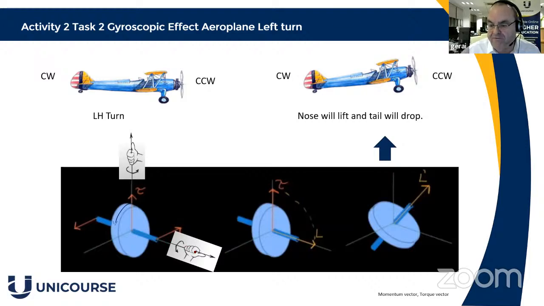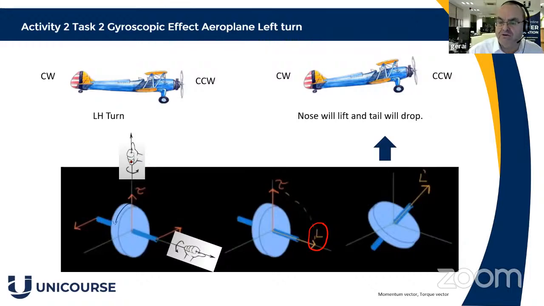So we wrap our fingers around the axis in an anti-clockwise direction, and the momentum vector will be in the direction given by your thumb. So that shows the momentum vector acting in that direction. Likewise, it's turning to the left. So you turn the rudder and it will turn the aeroplane to the left.